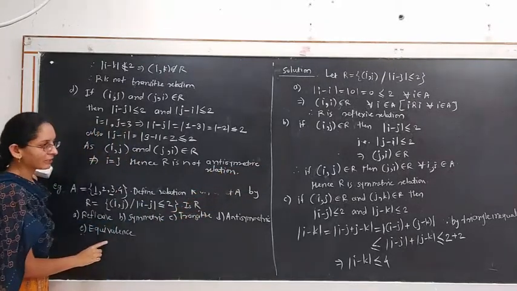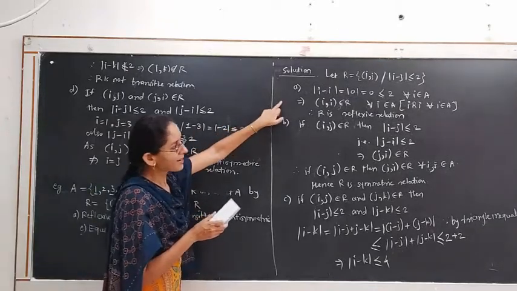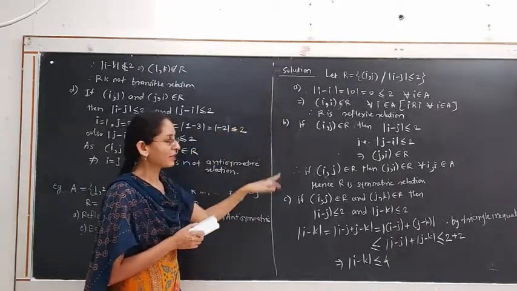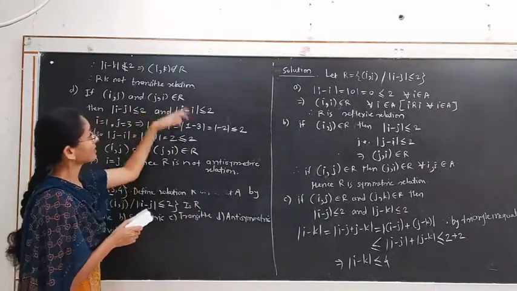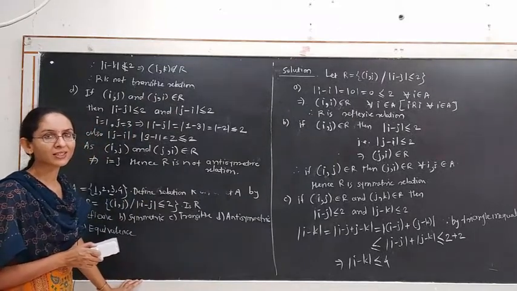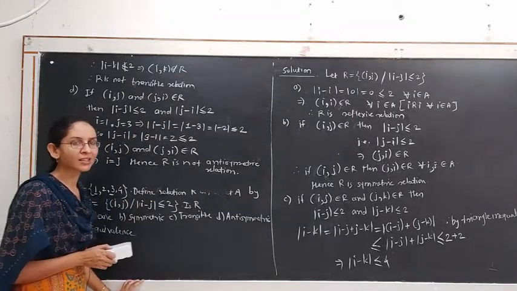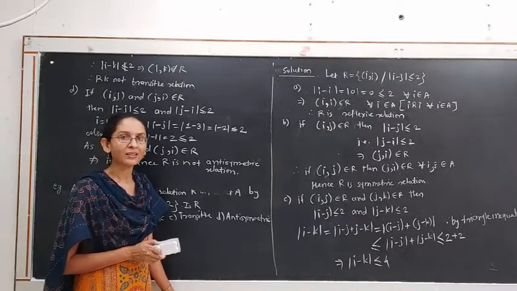Next we check whether it is an equivalence relation or not. From the first part, R is reflexive. From the second, R is symmetric, but in part C, R is not transitive. Hence R is not an equivalence relation because it is not transitive. It will be an equivalence relation if it is reflexive, symmetric and transitive.